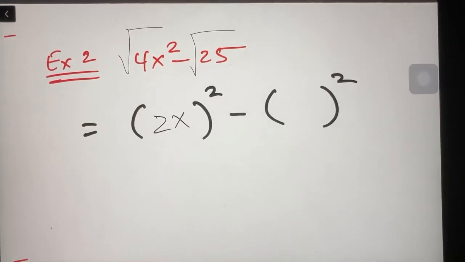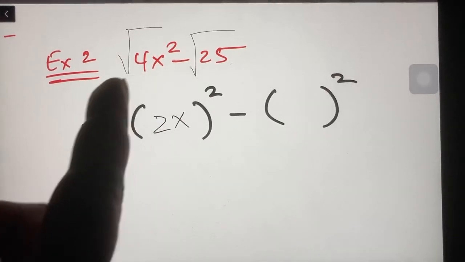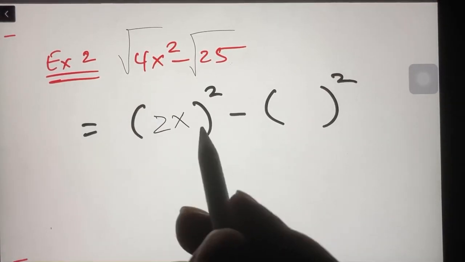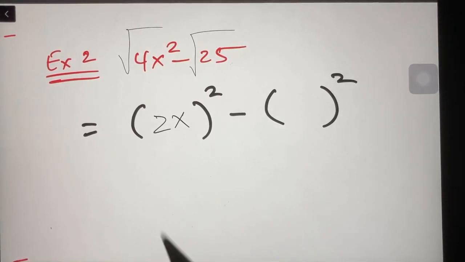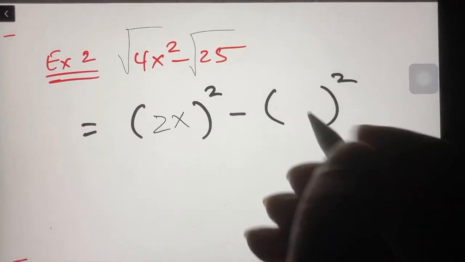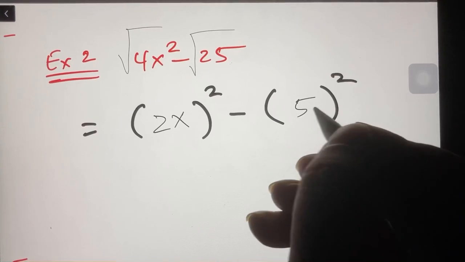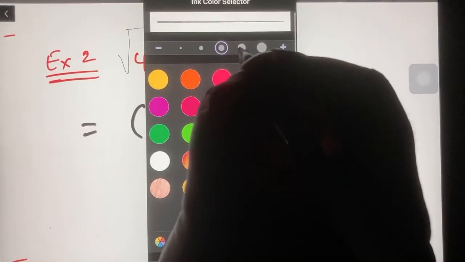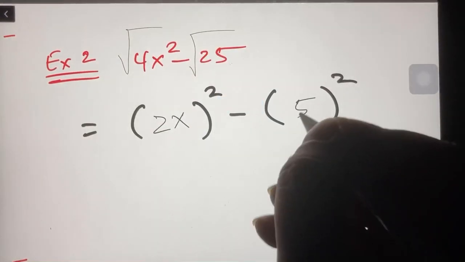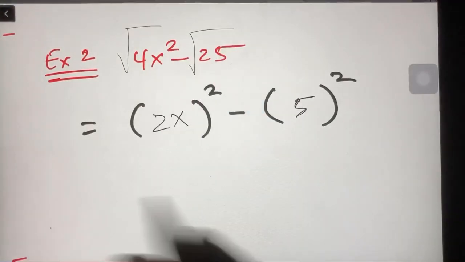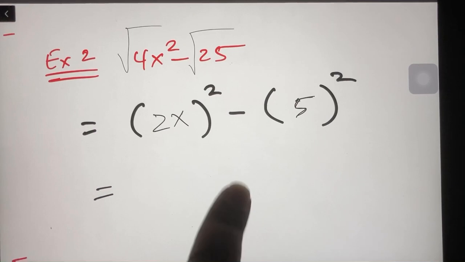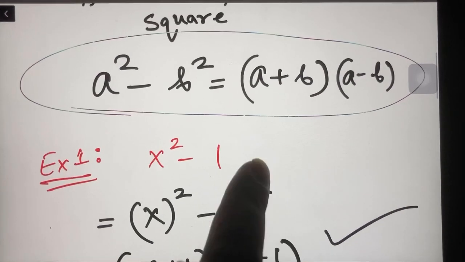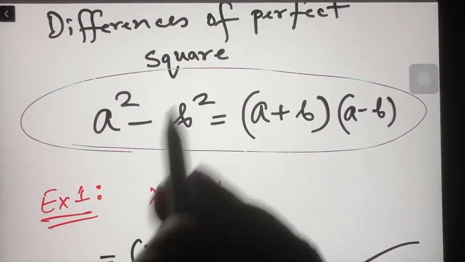So the whole idea is you can write 4x square as 2x whole square. Now 25 can be written as 5 square, since 5 times 5 is 25. Once you do that, it looks like the difference of perfect squares formula.